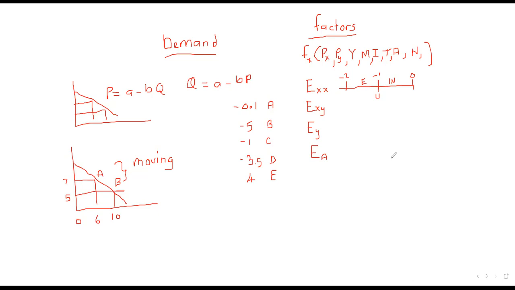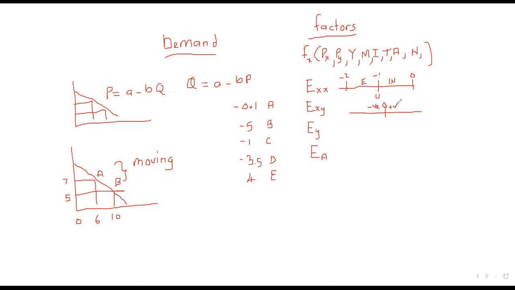So we go to cross price elasticity. Cross price elasticity has to do with what happens from one good jumping to another. Why should we be concerned about other goods? So this is a negative side, and this is a positive side. So elasticity can be negative or positive for cross price elasticity.